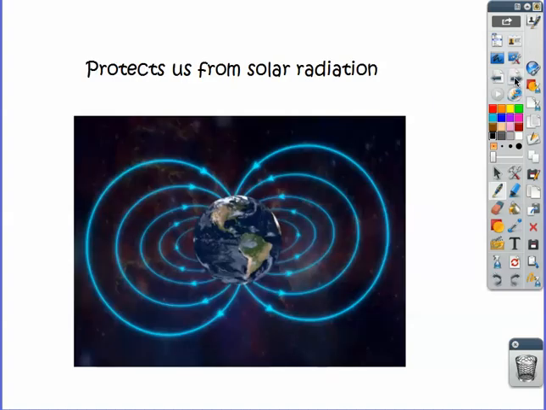Now, the other thing that these magnetic poles do for us is they protect us from solar radiation. Radiation is the transfer of energy in electromagnetic waves, and there's an electromagnetic field. We see a relation there, and the size and strength of the electromagnetic field is largely related to how much iron is moving around in the core of Earth, as well as the speed at which the planet is moving.